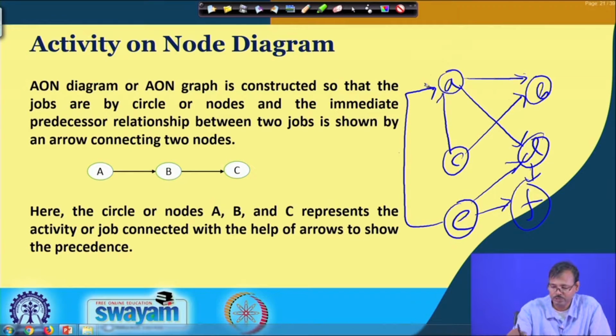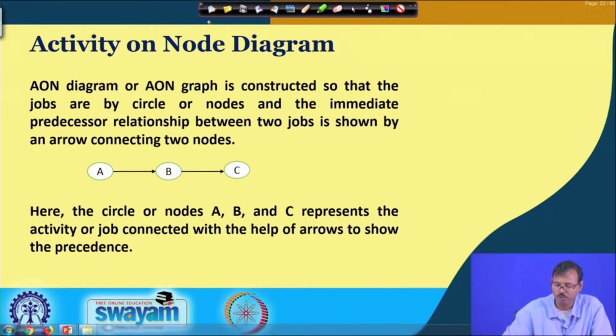But this is actually a wrong diagram, where you will find some problem related to the cyclic nature of the network. But giving the precedence and succedence of a job is very easy while you are presenting the job on the network.